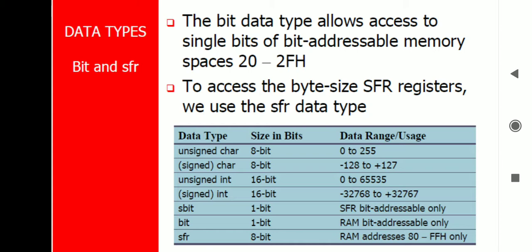Then sbit is a 1-bit data type used for special function bit-addressable locations only. Then bit is a 1-bit data type used for RAM bit-addressable locations only. And finally the SFR is an 8-bit data type used to indicate special function registers.